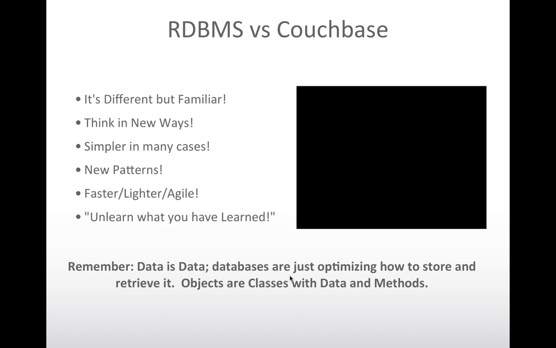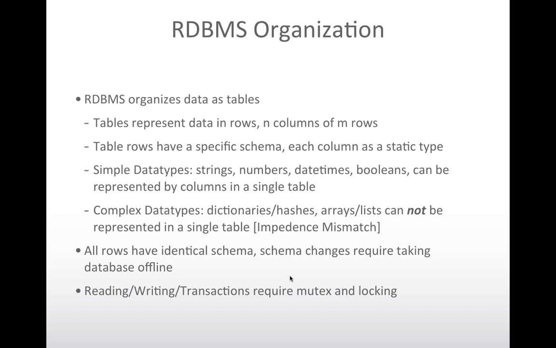But based on our experience, we have been developing with relational database for many years. Sometimes we may have to ask ourselves many questions. This is why we put in the slide: unlearn what you have learned. So let's start with a very basic description of relational database.